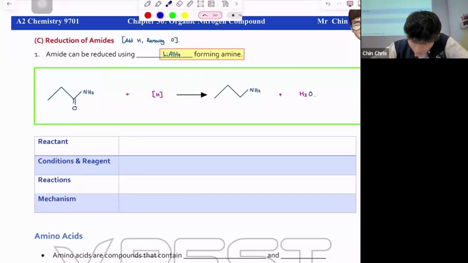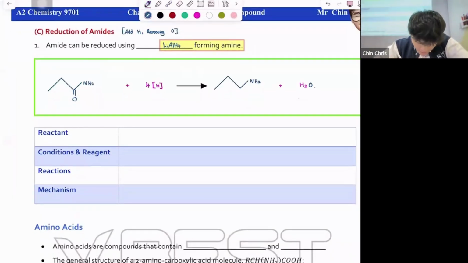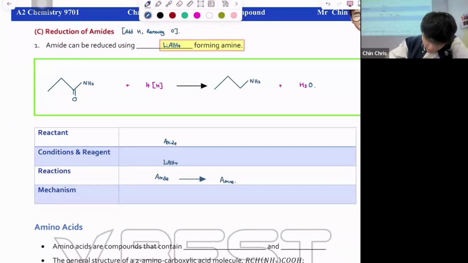In total, you're adding 1, 2, 3, 4, so 4H here. So for the reactant, I have amide added with LiAlH4. Amide is converted into amine. And that is the mechanism of the reduction. Done.